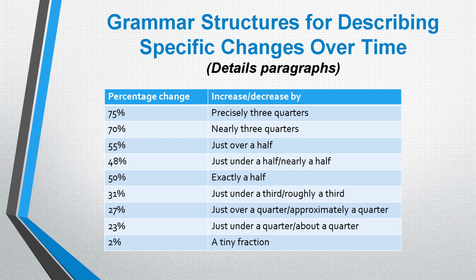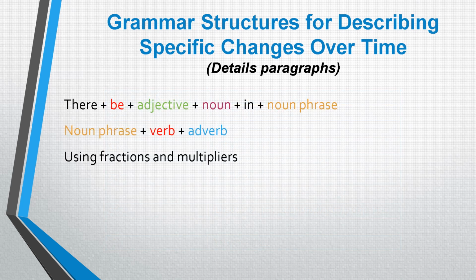It's certainly useful to remember a few of those and try to use them in your paragraphs where they seem appropriate. So those were the 3 ways that you can describe specific changes in your details paragraphs. Make sure you have a look at the model answers in the videos and look to see just exactly how these have been used.